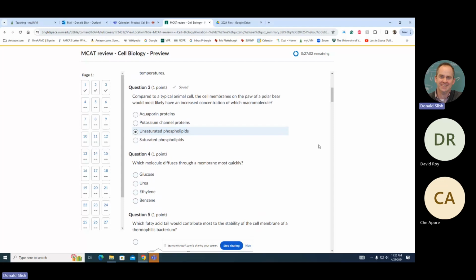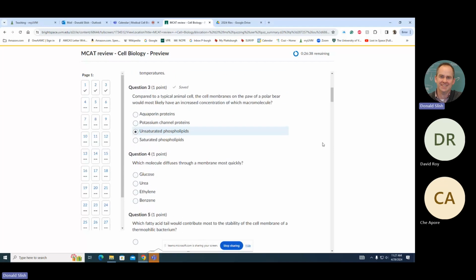Right, because the phospholipids don't stack as well, so they're more likely to be fluid. And that's why, like homeotherms, we've got a warm internal temperature, so it's more saturated. Plants are polyunsaturated because they're at colder temperatures than us.